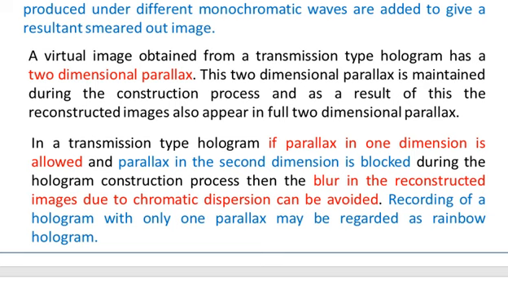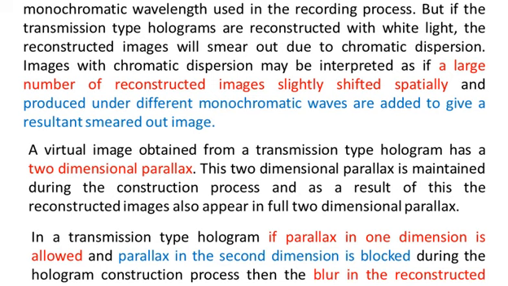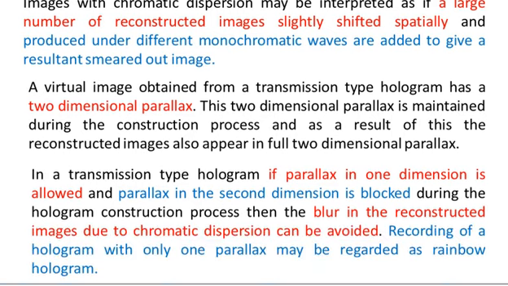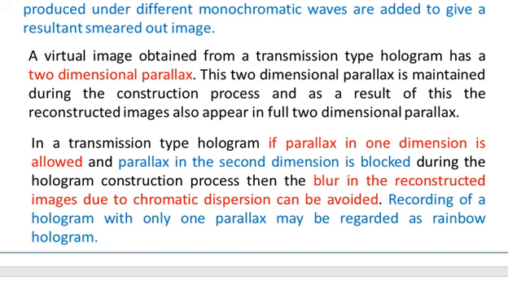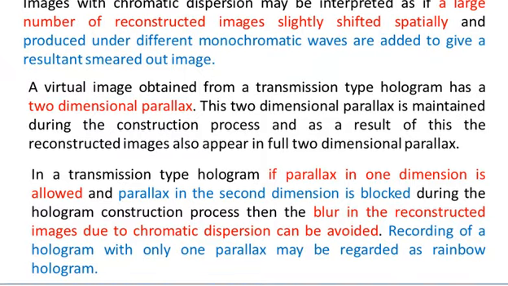So you see that the chromatic dispersion and the smearing out of the reconstructed image, as mentioned in the reconstruction of the white light hologram, in the construction of the transmission hologram with white light, can be avoided during the construction of the rainbow hologram, where the parallax in the second dimension is blocked during the hologram construction process.